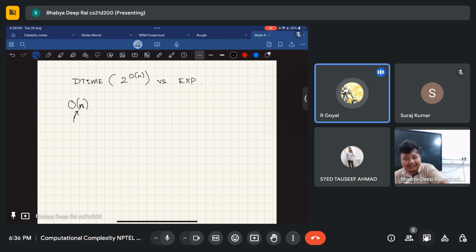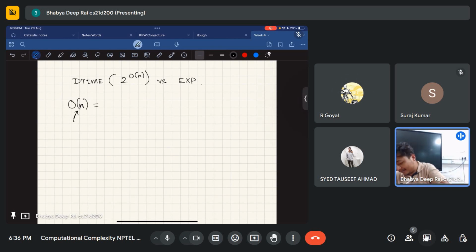Not all polynomials. Give an example, like say n cube. n cube is exactly n cube. So order n means it is at most some c times n, linear.